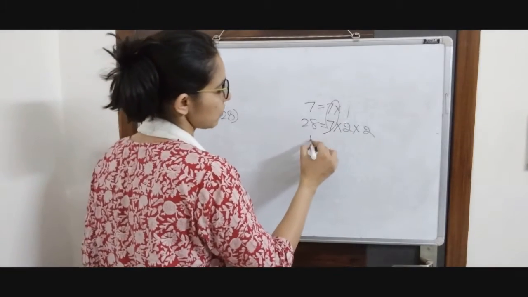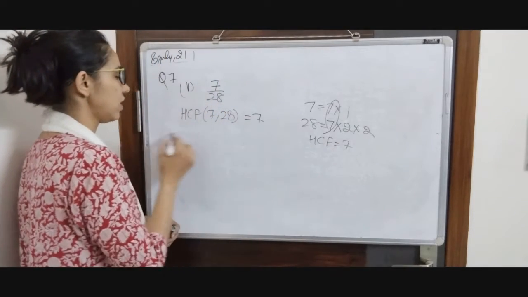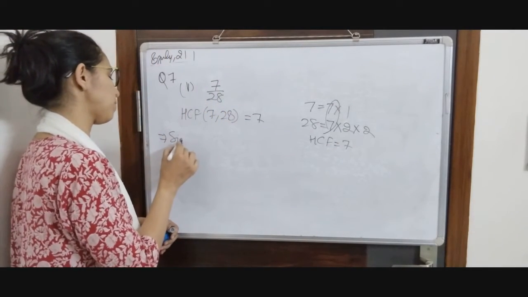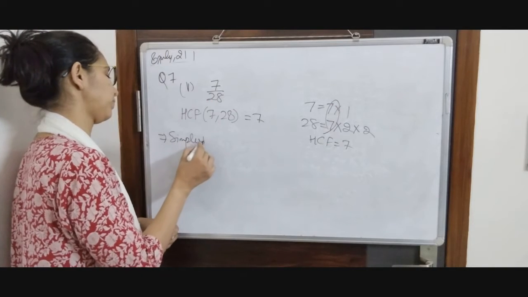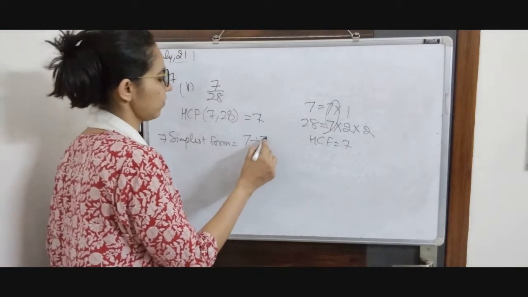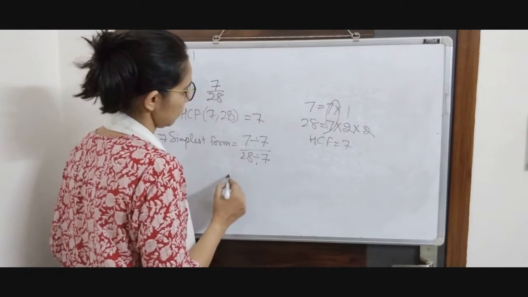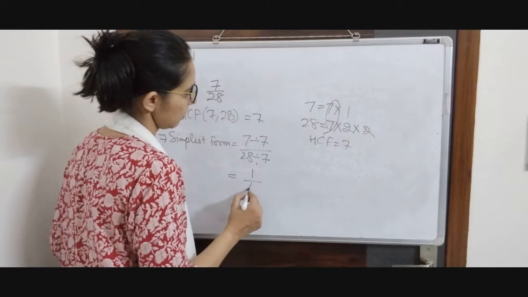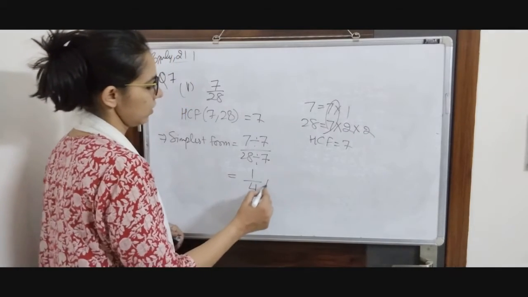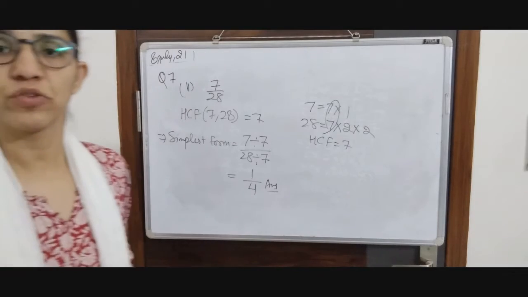So HCF is going to be 7. It is 7, implies the simplest form is going to be 7 divided by 7, 28 divided by 7. So this is going to be 1 by 4. Okay, so this is the simplest form for 7 by 28.